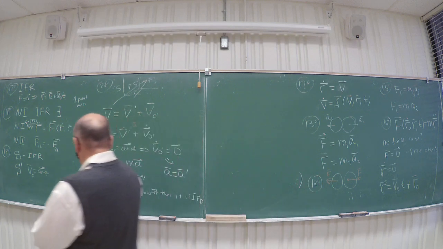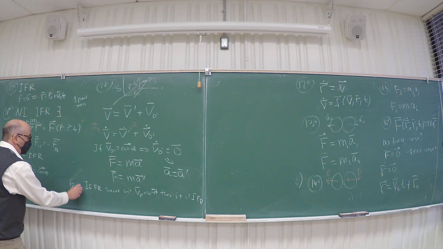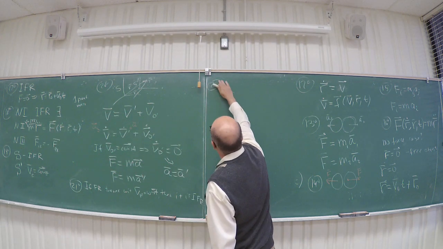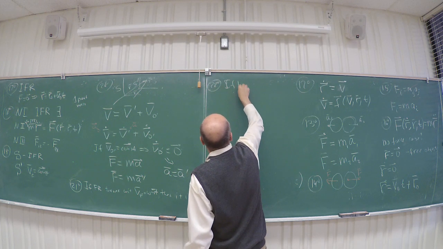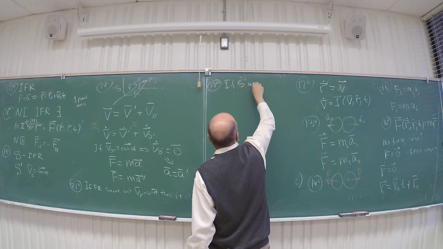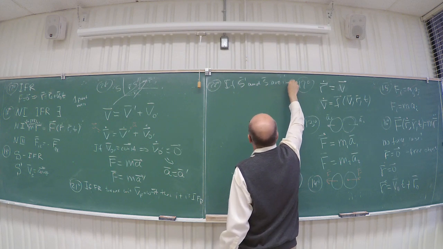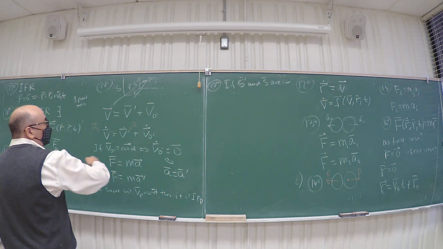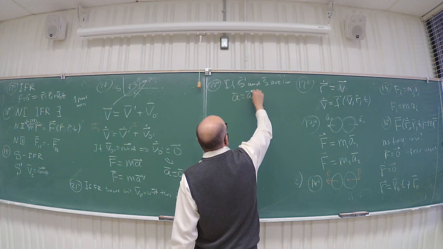Let me call this 21 and 22, oops. I can say that if S prime and S are both inertial, then A and A prime are exactly the same.